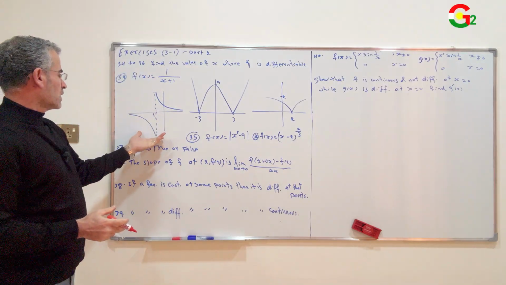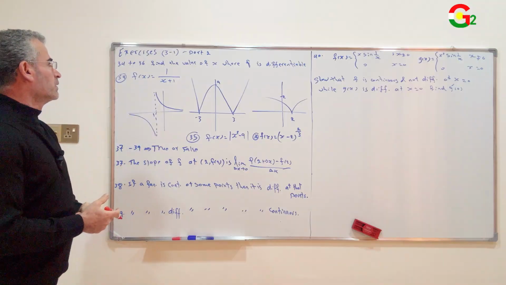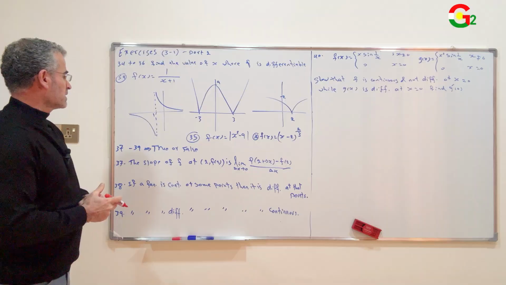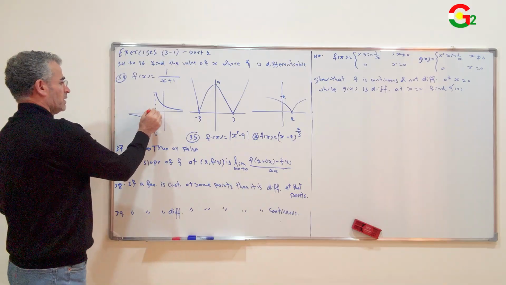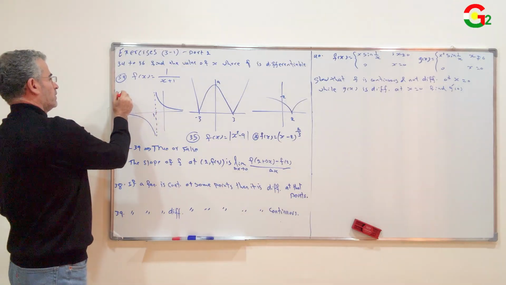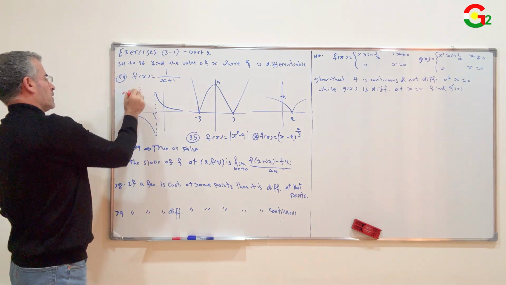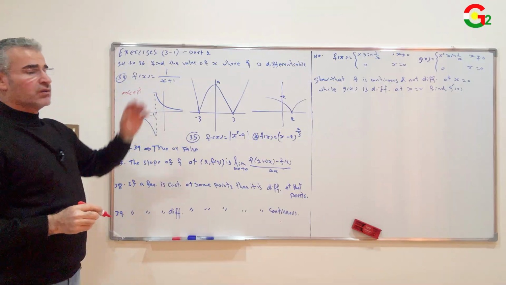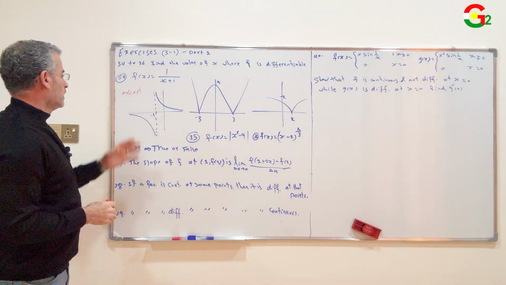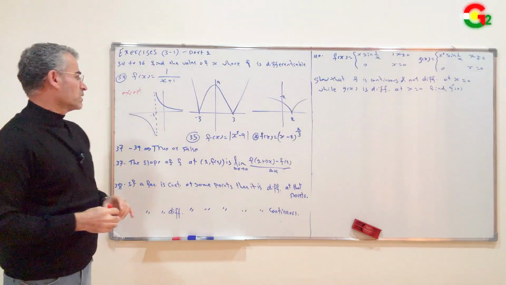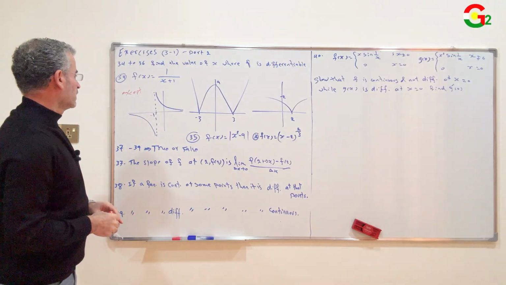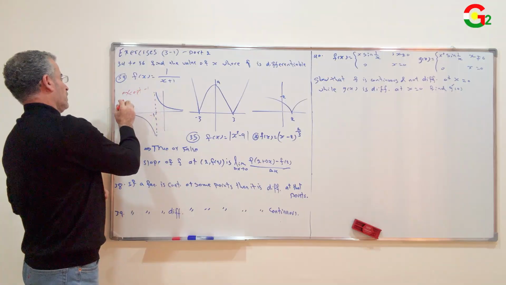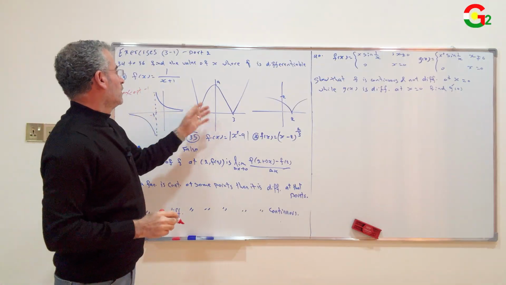If we use the graph of this function, we see that it is differentiable everywhere except at x equal negative 1, since negative 1 is not in the domain of the function and the function is not continuous there, therefore it is not differentiable at this point. So everywhere except negative 1.